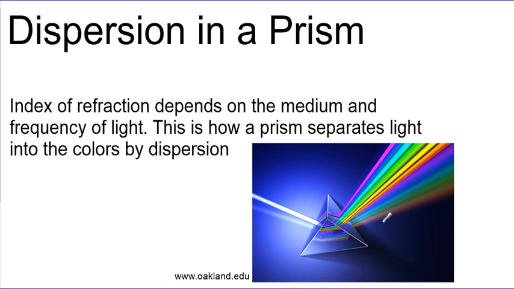So it's not even in our visible range, but it works with a different region of the electromagnetic spectrum. Because different frequencies of light travel at different speeds, they will bend differently, more or less, allowing the prism to break up the light into its separate colors. This is also how spectroscopes are designed.